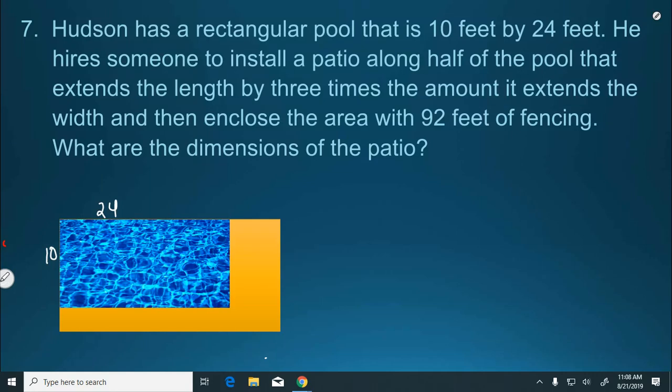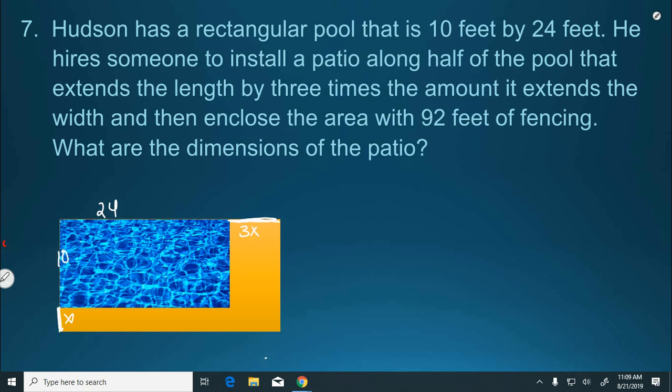So 10 is the width, so they're saying that this is the extension and this is the extension. It's comparing the length to the width. So the width is just going to be x. The length is 3x, 3 times that amount. So now I should have enough to write my equation.